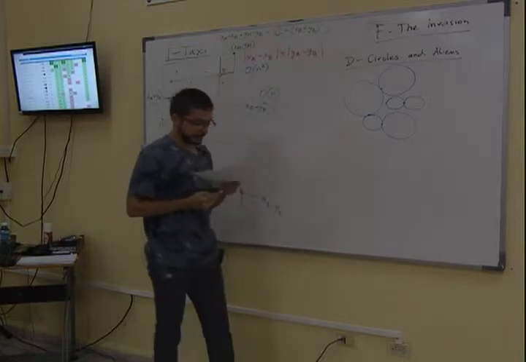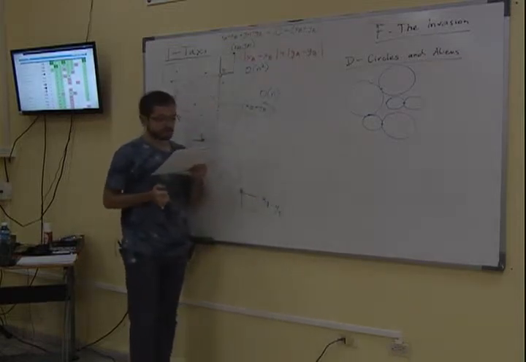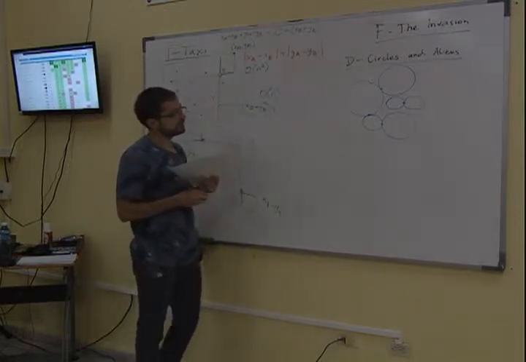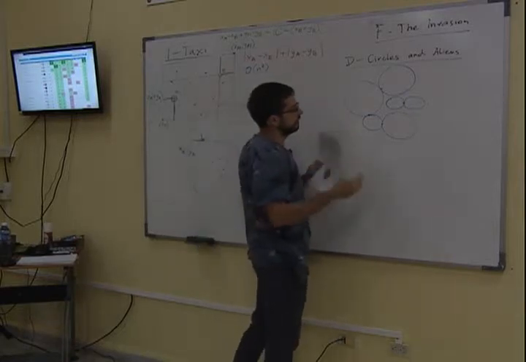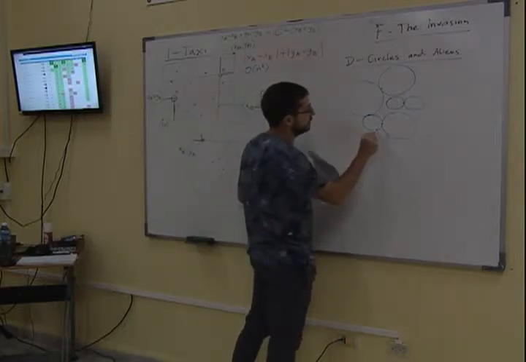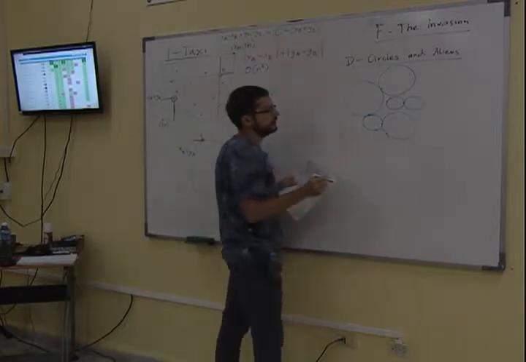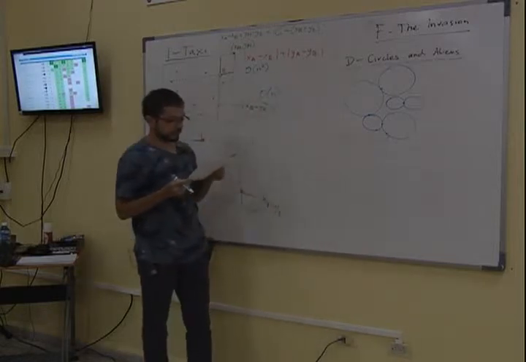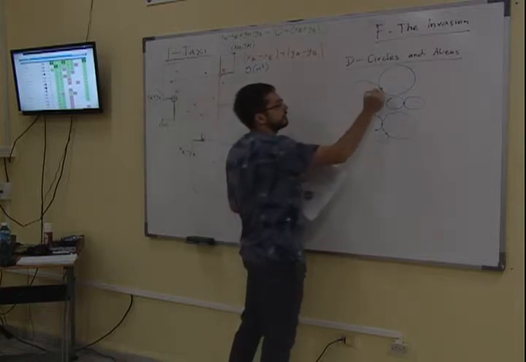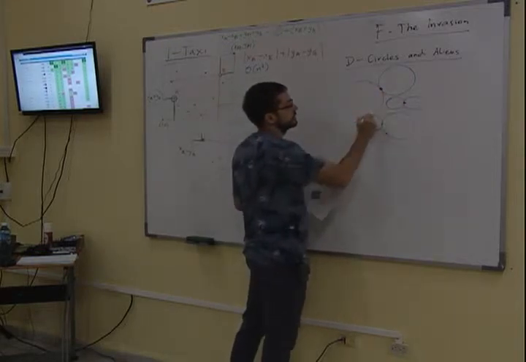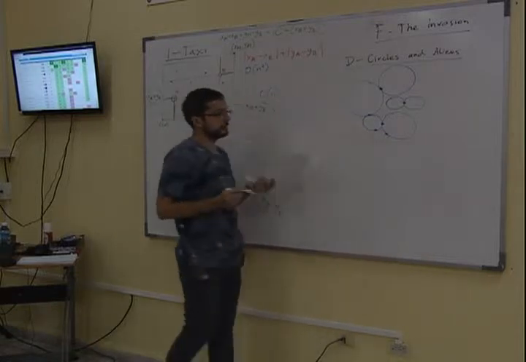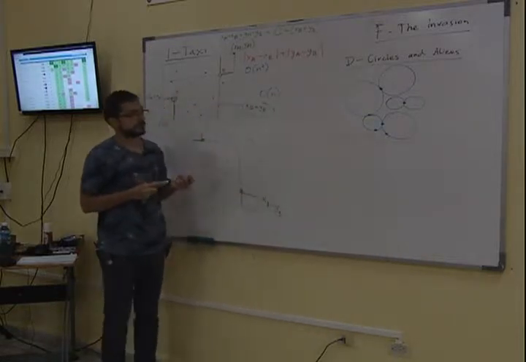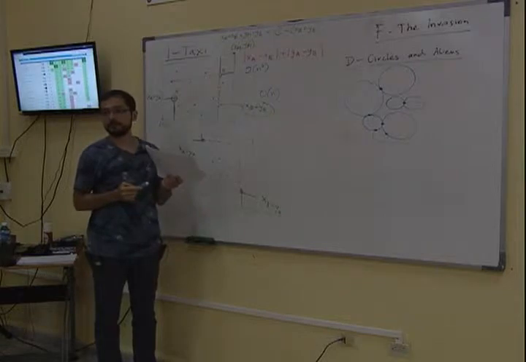And the question is, we need to calculate the number of these intersections. So the number of points where two circles touch, the borders of two circles touch. All right.